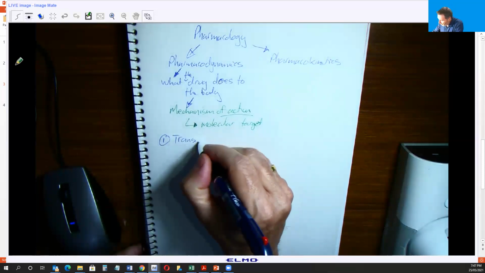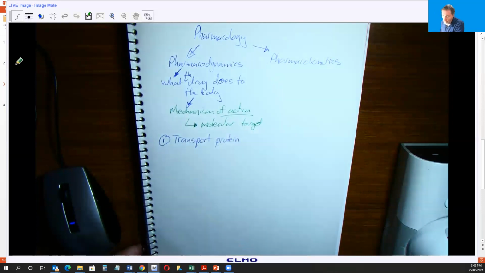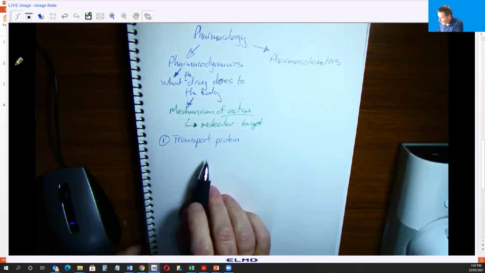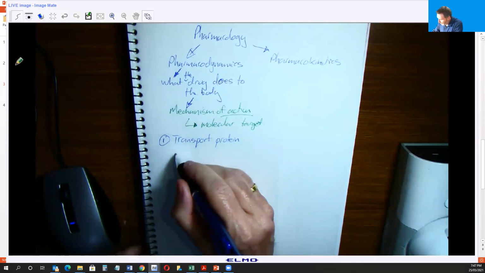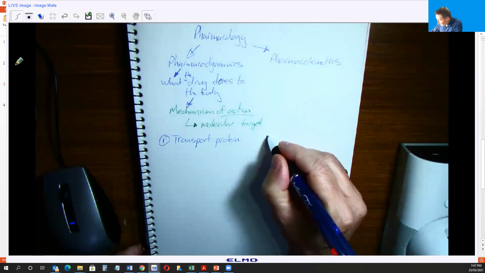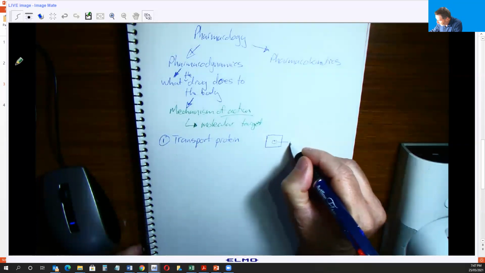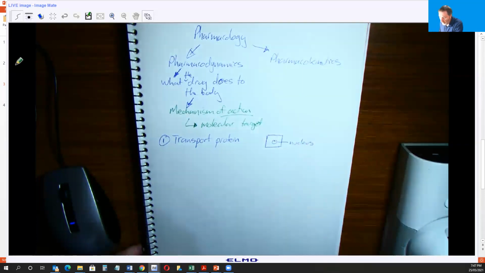So a transport protein. Now, a transport protein, if I was to, for example, draw a cell in the body, just one cell in the body. Let's say I drew a cuboidal cell. There it is there, and there's the nucleus in the middle, all right?